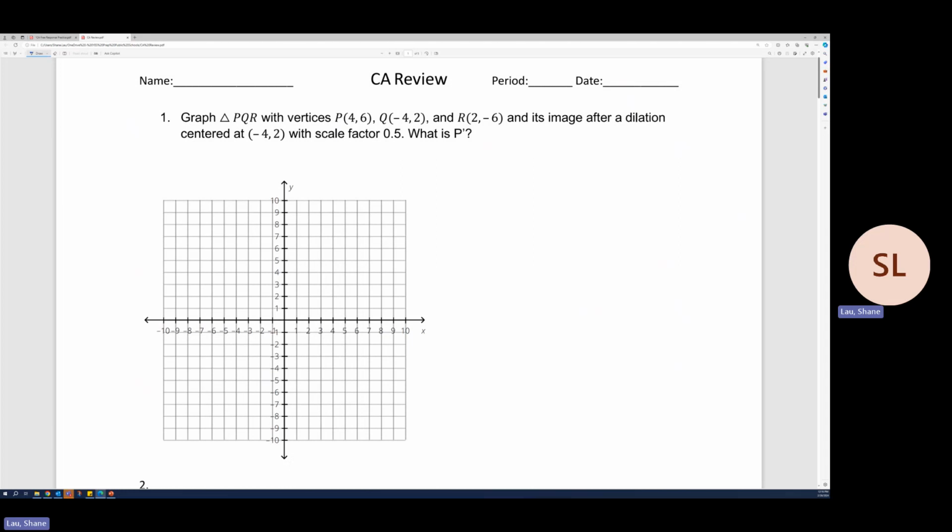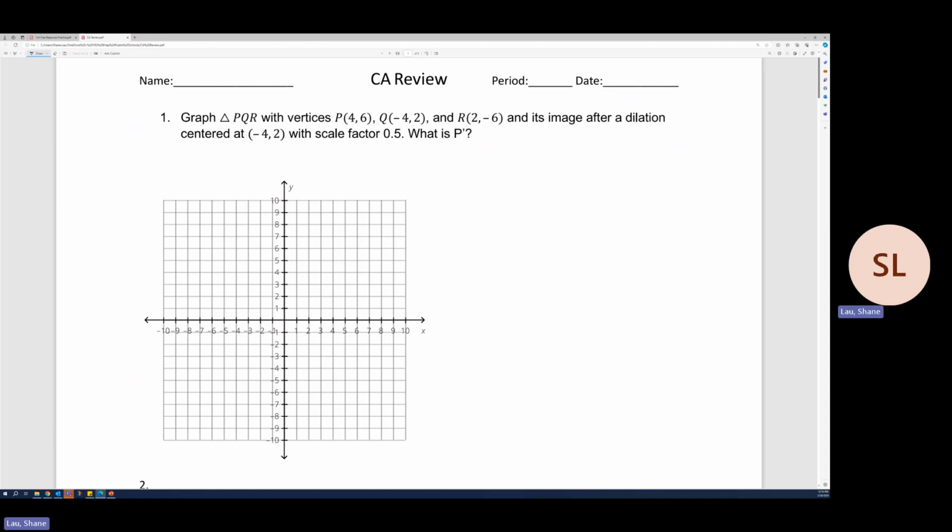Okay, graph triangle PQR with vertices P (4, 6), Q (-4, 2), and R (2, -6), and its image after a dilation centered at (-4, 2) with a scale factor of 0.5. What is P prime? Okay, couple things here. Definitely graph the problem as best as you can.